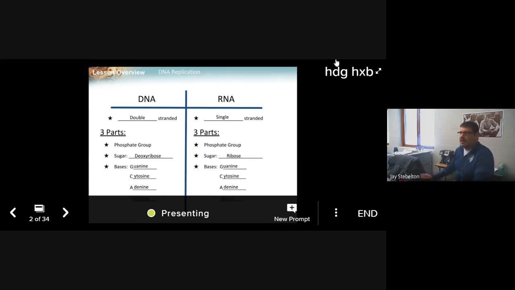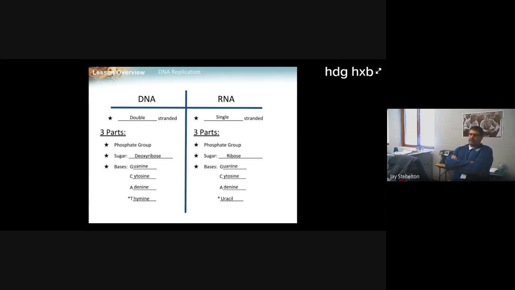Okay, so here are the comparisons again in a little 2-section notes. DNA is double-stranded compared to RNA being single-stranded.